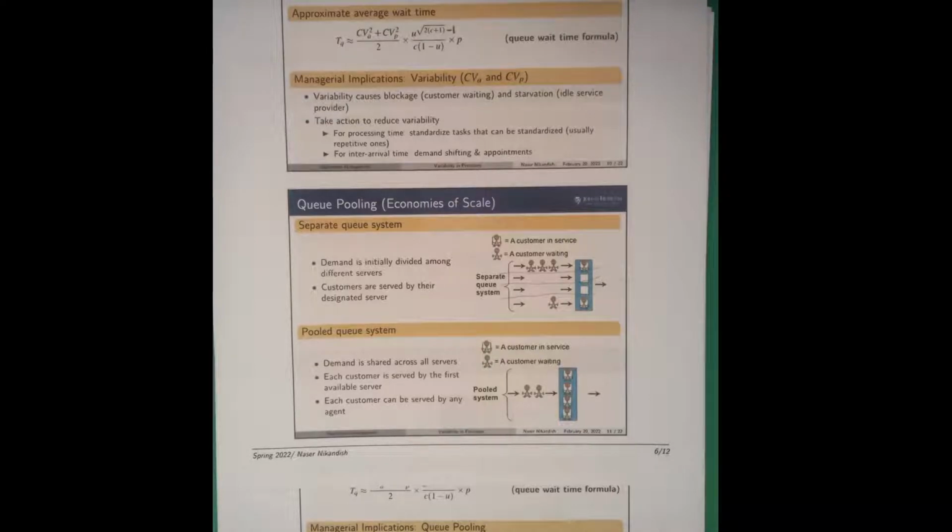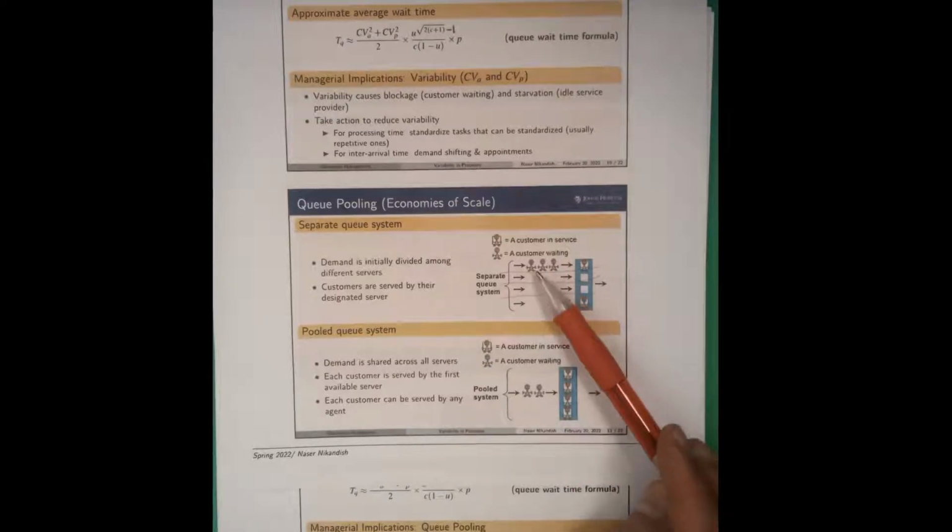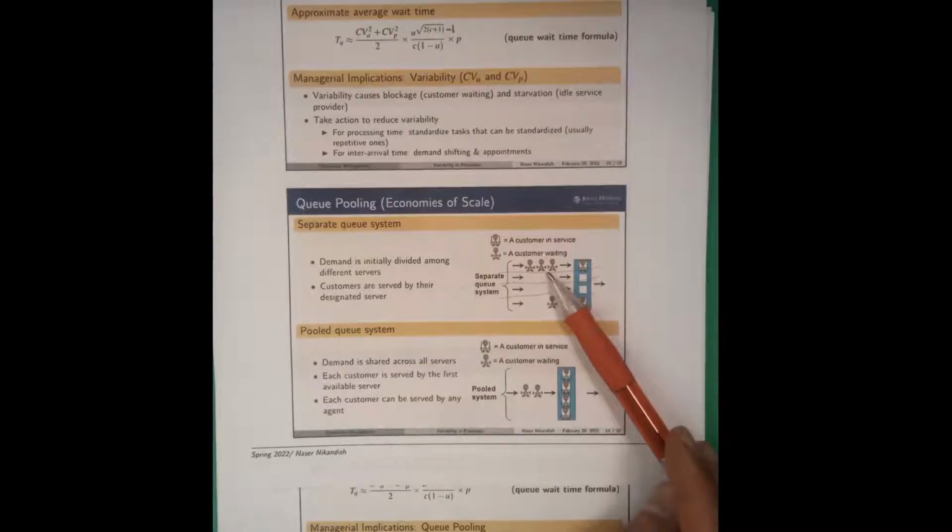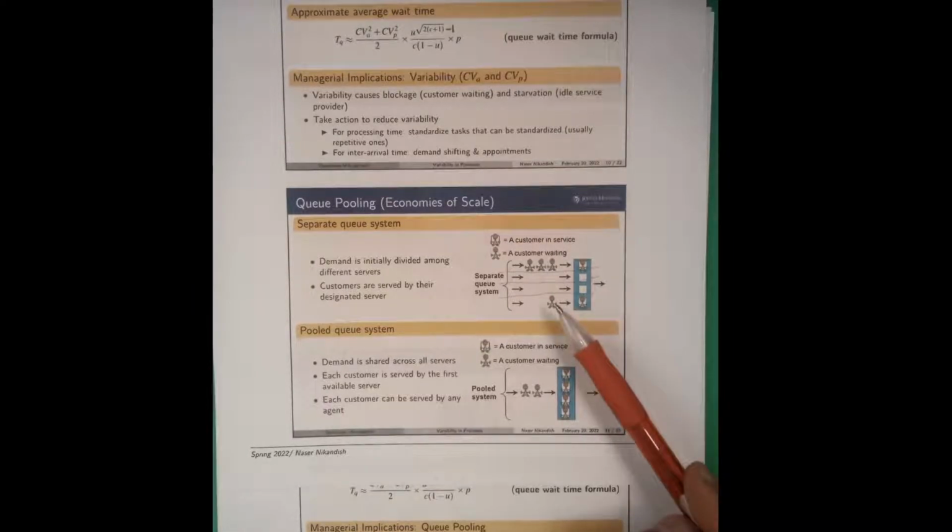As you can see, there are 3 customers waiting in line here, one waiting here, while the other 2 servers are not even working. All right, this is a segregated system. This is the one where each server has its own line.